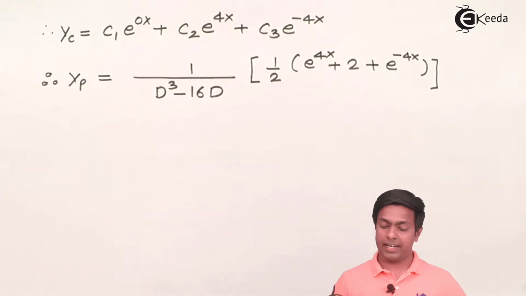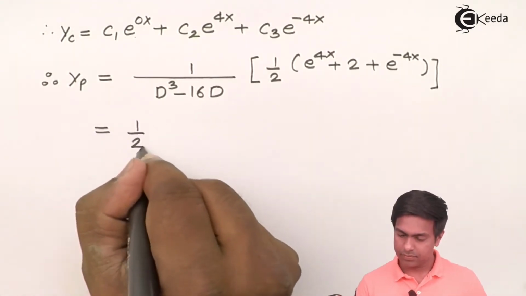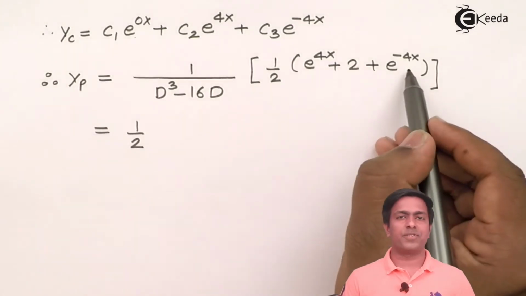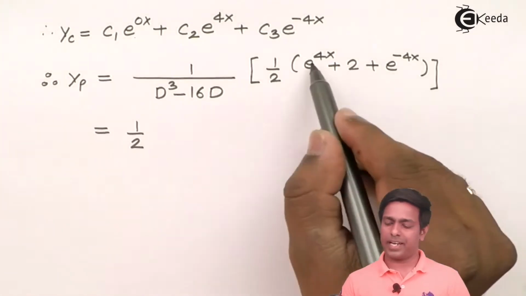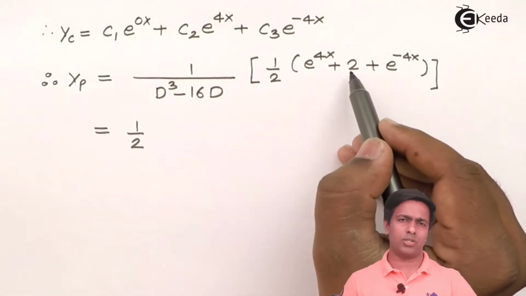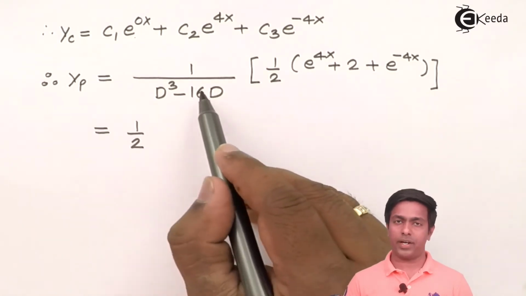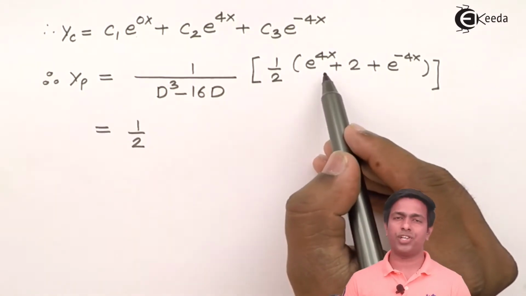now I'll take this 1 upon 2 outside. Now guys, in the bracket there are 3 terms. Two terms are exponential here. I'll add e to the power 0, so that will also become an exponential term. I want to apply this operator on the exponential terms.